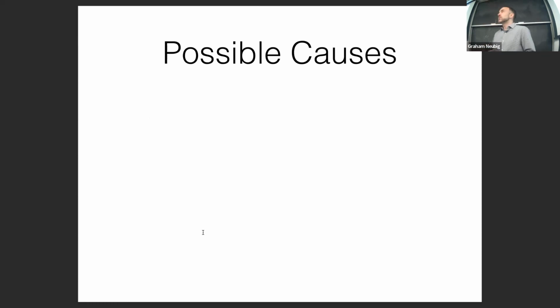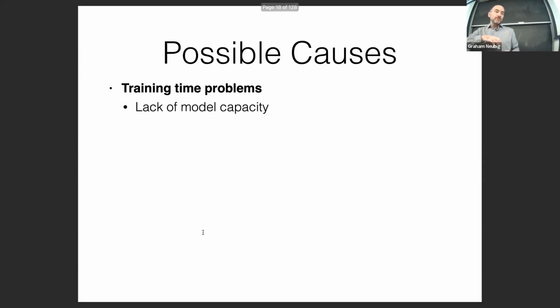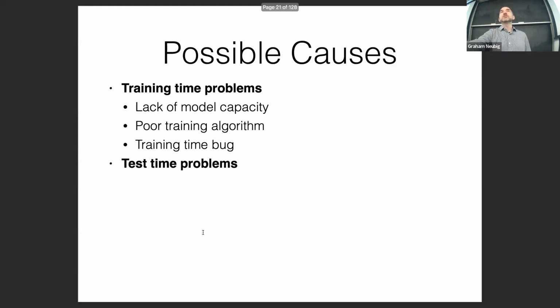And so my recommendation for how you can do debugging, which I think is very useful overall, is you need to break down why the problem you're encountering is happening. And this can include training time problems, which can include lack of model capacity, a poor training algorithm, a training time bug.